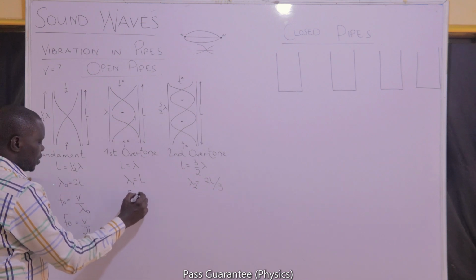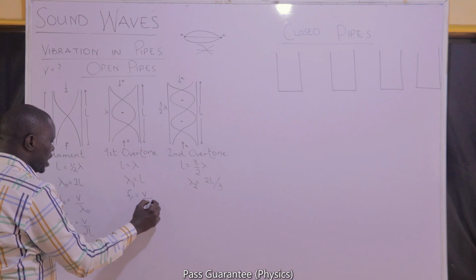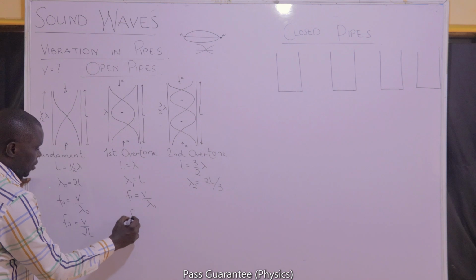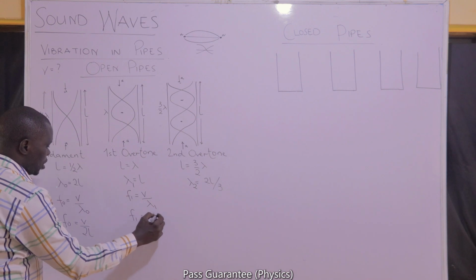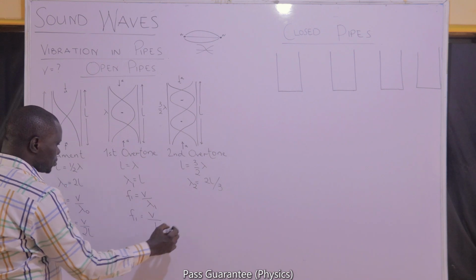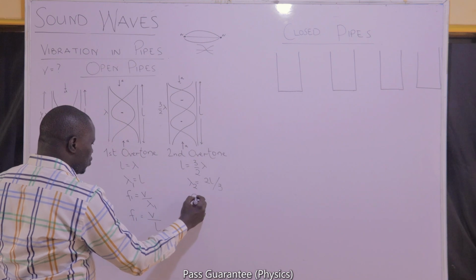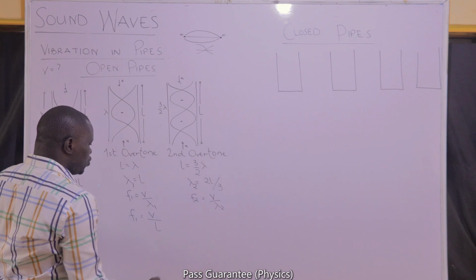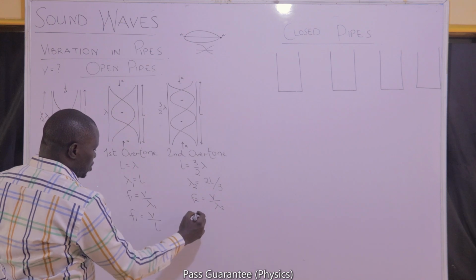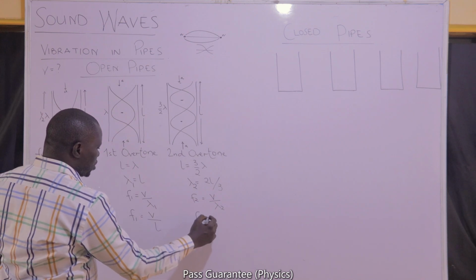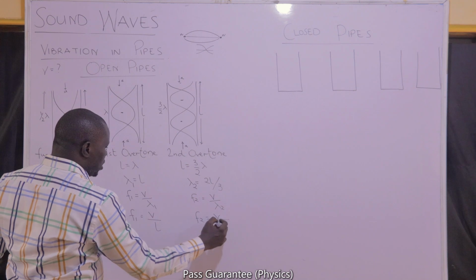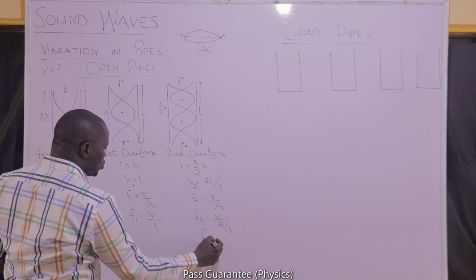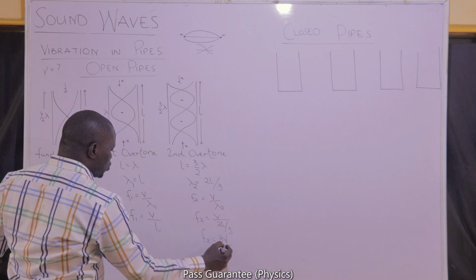Here, the frequency of the first overtone will be V all over the wavelength of the first overtone, and that will be F1 is equal to V all over L. Here, F2 must be equal to V all over lambda 2. If F2 is equal to V all over lambda 2, it means that F2 must be equal to V all over 2L divided by 3. F2 must be equal to 3V all over 2L.